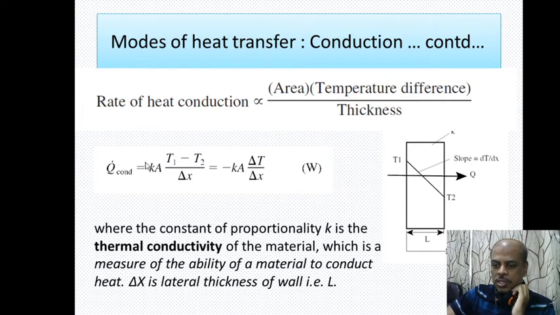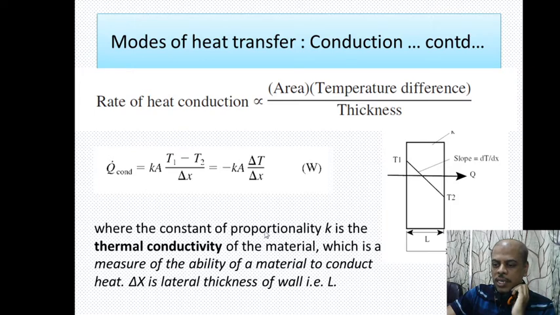K is the constant of proportionality, and we call this constant of proportionality thermal conductivity. Here you can see the equation Q is equal to K (T1 minus T2) by delta X, or minus K delta T by delta X, because it is T1 minus T2, final condition and initial condition. If the final condition is lesser than initial, it will be negative.